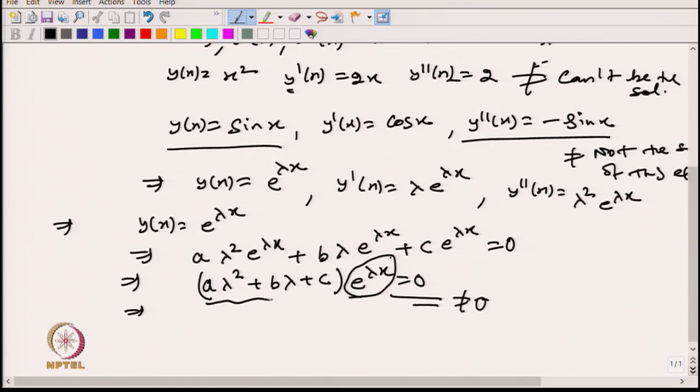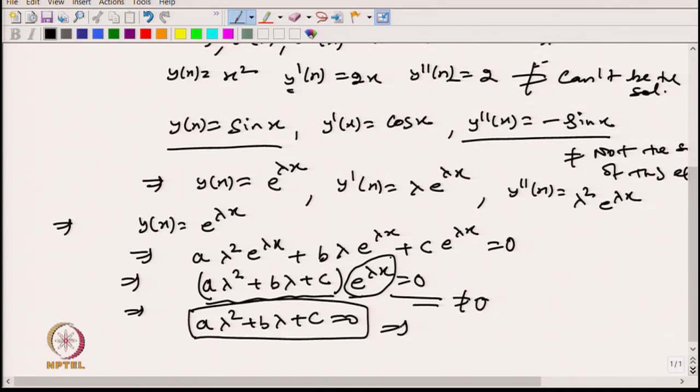So, we take this quadratic a lambda square plus b lambda plus c equal to 0. This is called the characteristic equation, or sometimes also we call it the auxiliary equation.